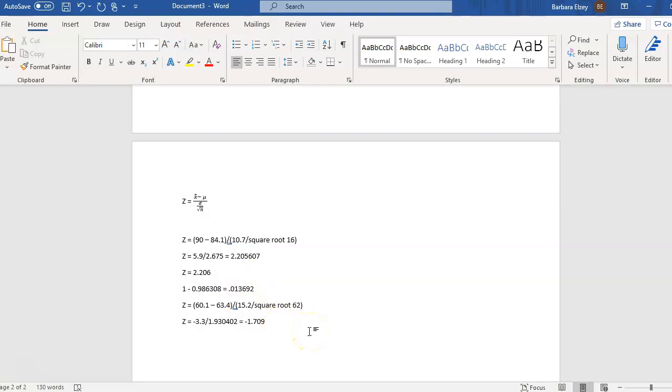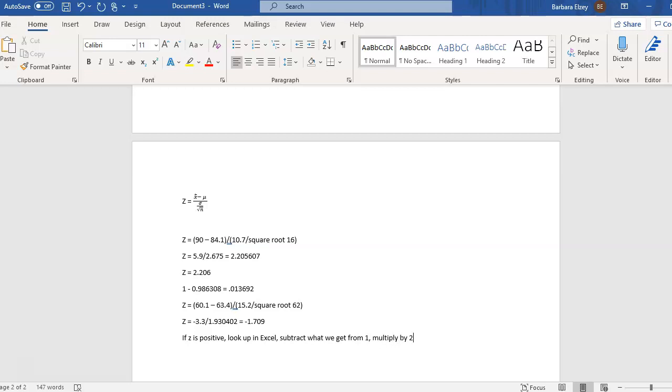All right, now we're going to look this up in Excel, but this is a two-tailed test. Just a couple of things here. If Z is positive, we're going to look up in Excel, subtract what we get from 1 and then multiply by 2.